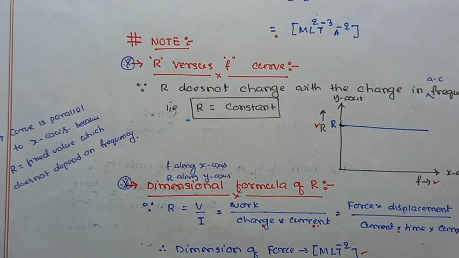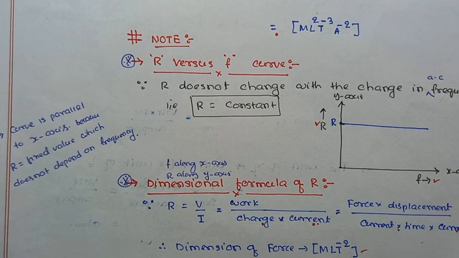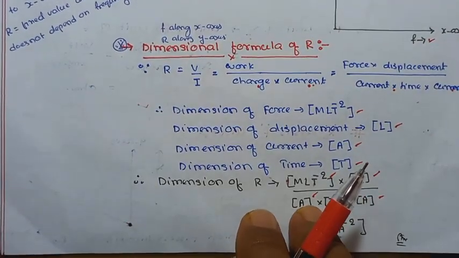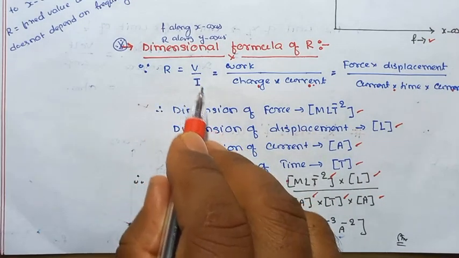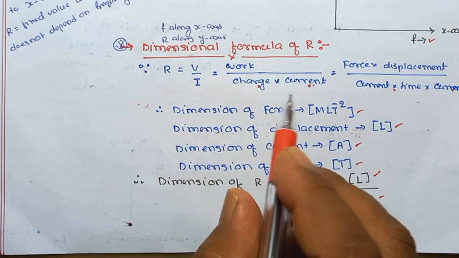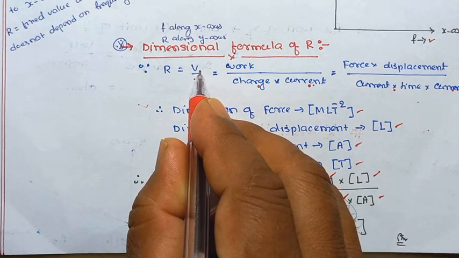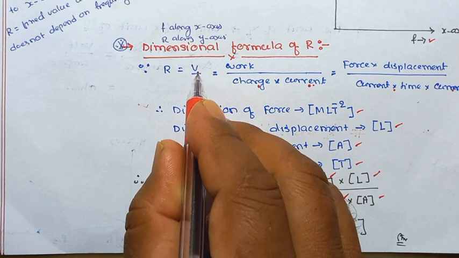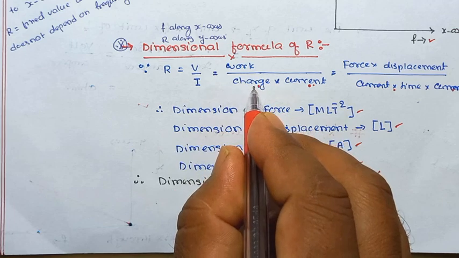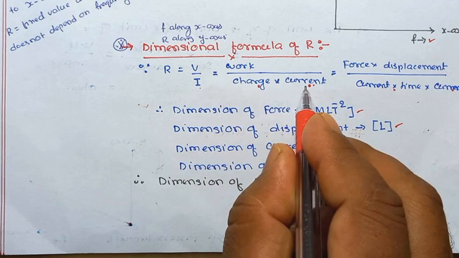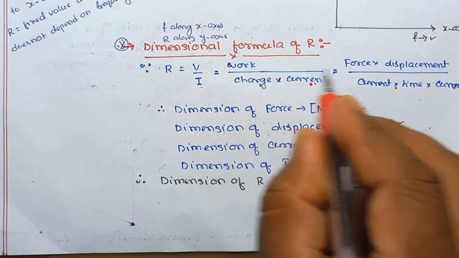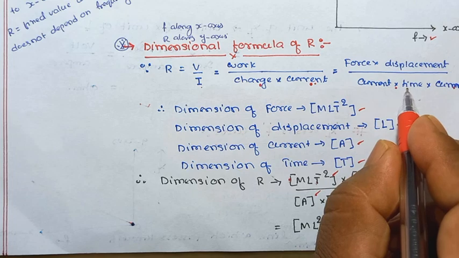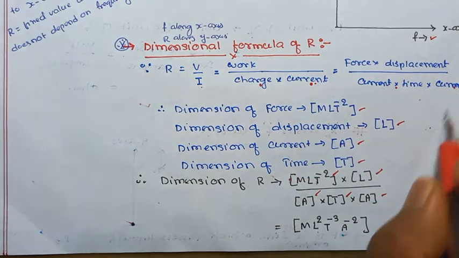ठीक है? अभी हम लोग निकालेंगे डायमेंशनल फॉर्मूला ऑफ R. R means रेजिस्टेंस. हम सबको पता है R इज इक्वल टू V बाई I. सो वोल्टेज दैट इज पोटेंशियल, हम लोग को रिलेशन मालूम है, पोटेंशियल इज इक्वल टू वर्क बाय चार्ज. सो इन प्लेस ऑफ V वी राइट वर्क बाय चार्ज एंड हियर करंट इज सेम करंट. हम सबको पता है वर्क इज इक्वल टू फोर्स इनटू डिस्प्लेसमेंट एंड चार्ज इज इक्वल टू करंट इनटू टाइम and this current remains the same.